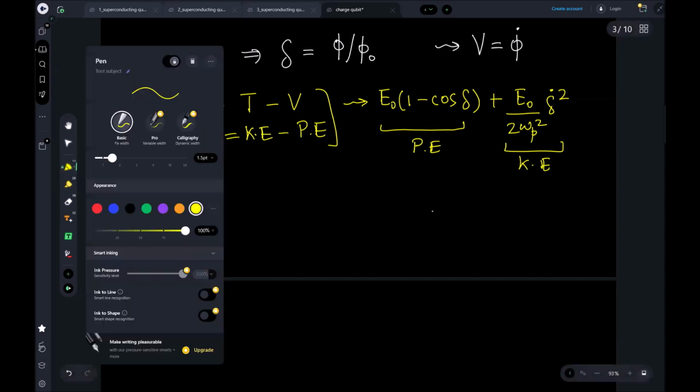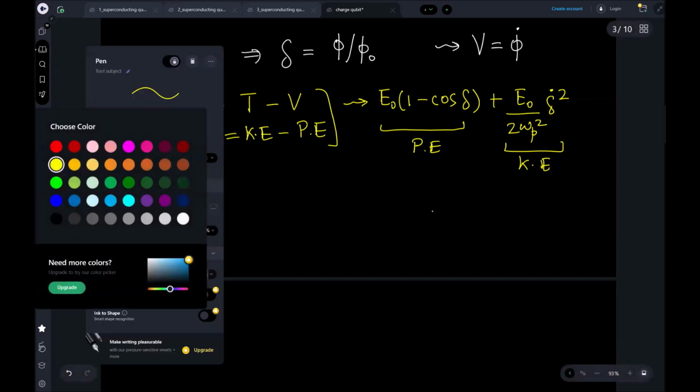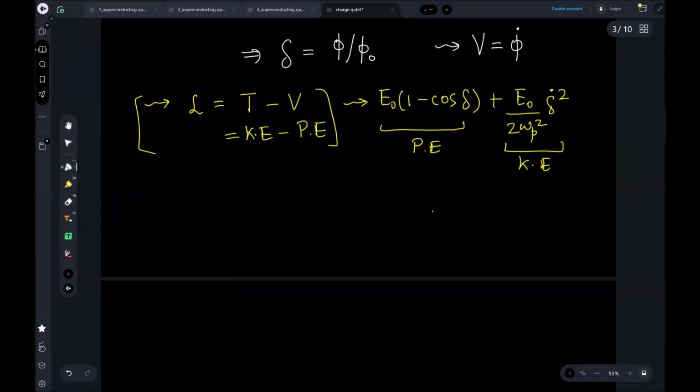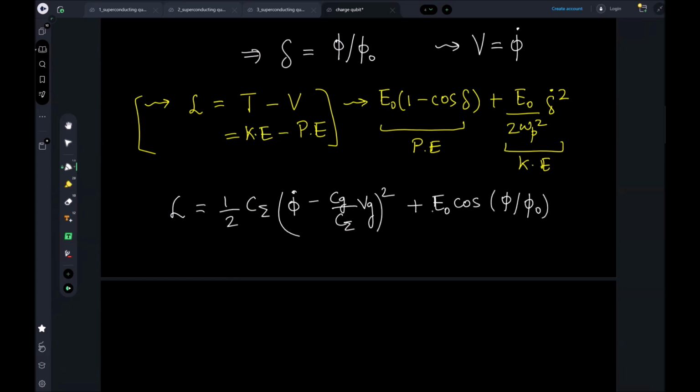So in a similar way, we are going to write the Lagrangian of the charge qubit, which we have here. And doing that, I'm going to get this. Now, you may notice that there are a few differences in how you would have expected me to write the Lagrangian. So the kinetic energy is the energy that is stored in the capacitor.